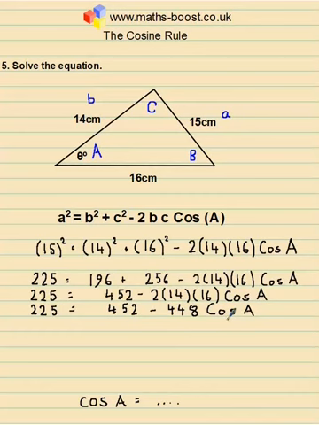And remember, because this is an equation, we always do the same to both sides. So I can see this minus 448 cos A is in the wrong place. So I'm going to undo that or eliminate it by adding 448 cos A to both sides.